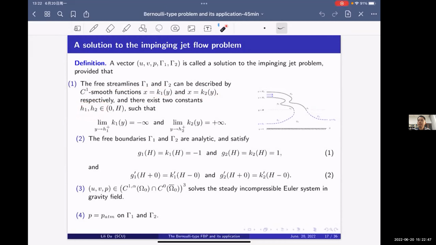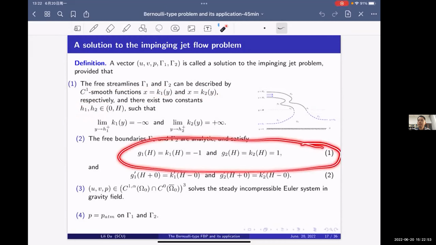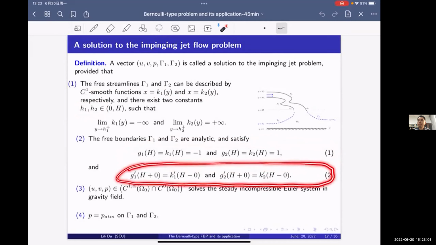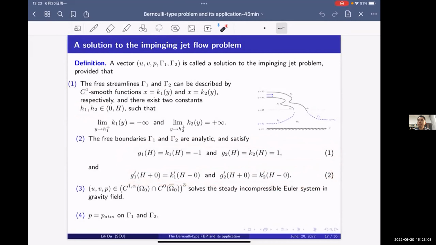The second one is that the free boundary satisfies the continuous fit condition. Condition 1 is the continuous fit condition, and condition 2 is the C1 smooth fit condition at the endpoints. This means that the free boundaries connect to the endpoints A1 and A2 respectively.